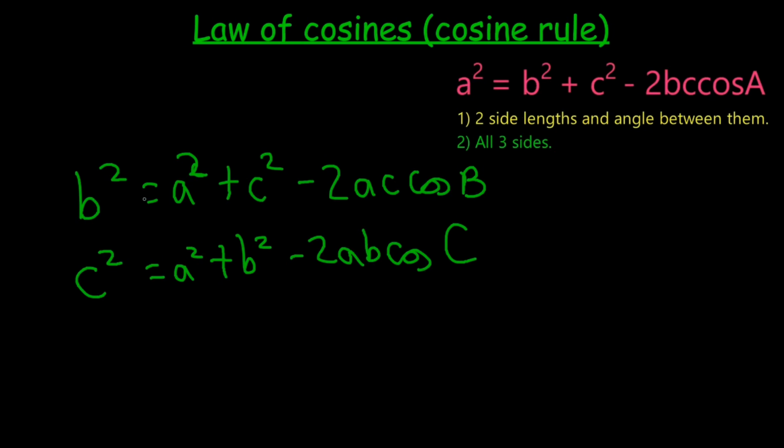So you'd need to use one of these two here, but if you look at them closely, you can see that your side length squared here, you'll have this or this, and what you have on the other side of the equation is the other two side lengths squared, minus those other two side lengths that you have here, and the same here, a and c, and the angle of the side length at the beginning of the equation.